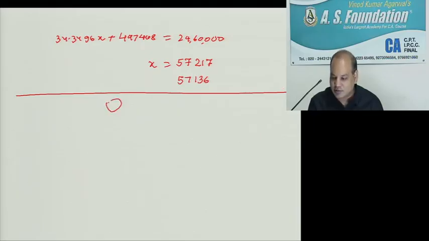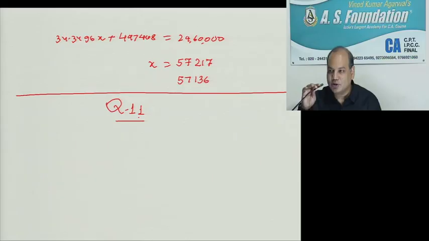Now, question number 11. In the previous question, write a note. The cost of land, rupees 25 lakhs, is not considered because it was not incurred by the builder.